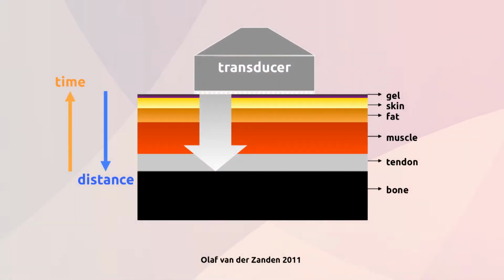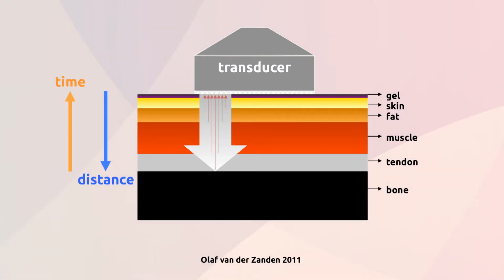The transducer is an essential element of the ultrasound equipment, responsible for the generation of an ultrasound beam, which is sent into the body and going through various soft tissue layers, like skin, fat, muscle, and tendon. Bone is hard and can't absorb the ultrasound beam, so the bone will reflect the beam.